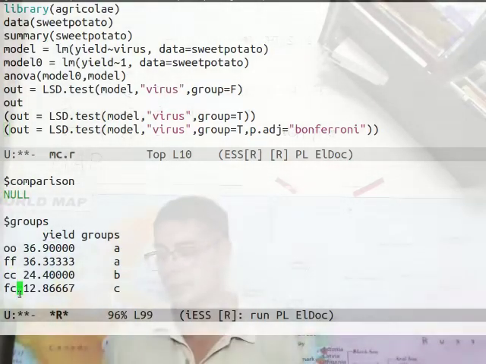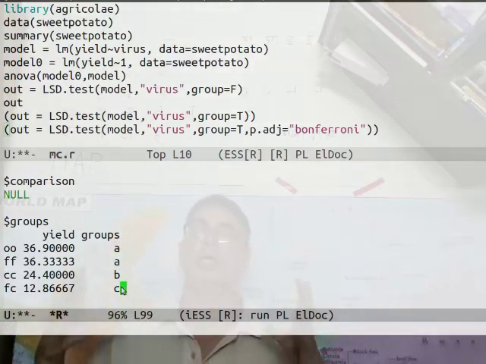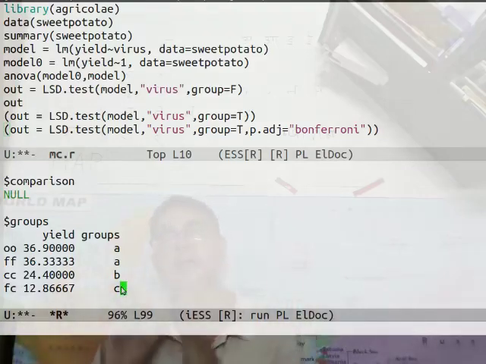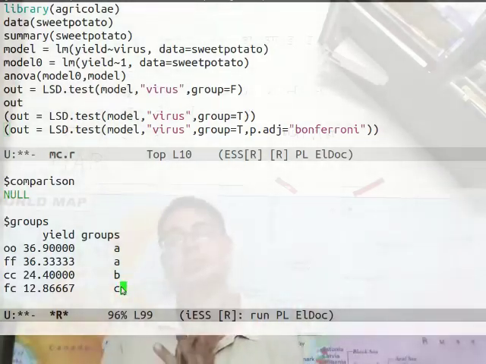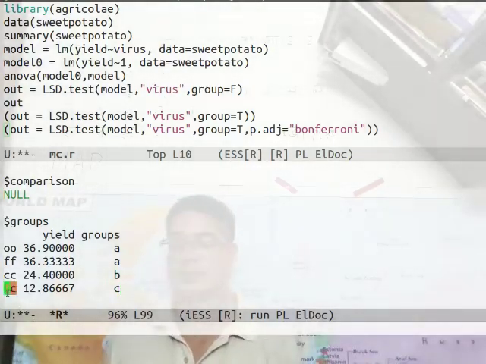It creates them automatically, A, B, C, D, etc. So A, A means OO and FF are both in the same group, which is at arbitrary level as A, but CC and FC are actually in different groups. So there are basically all these 4 different levels may be grouped into 3 groups. The first group consists of OO and FF, second group consists of CC, and the third group consists of FC.